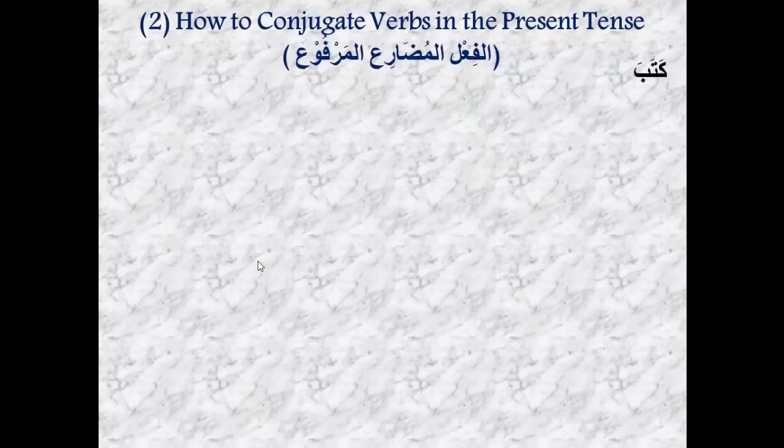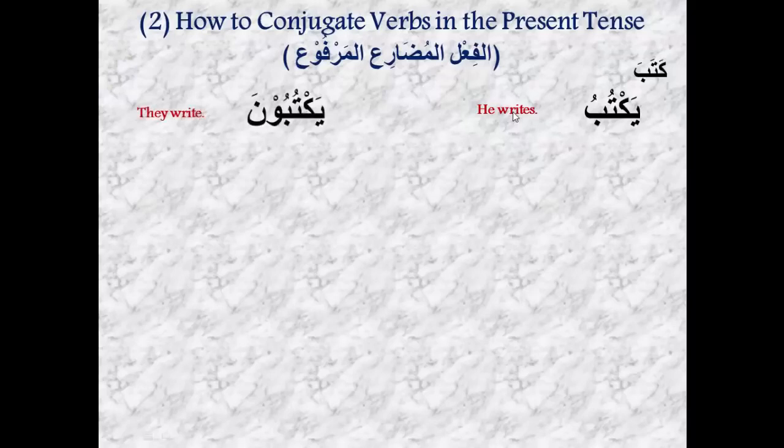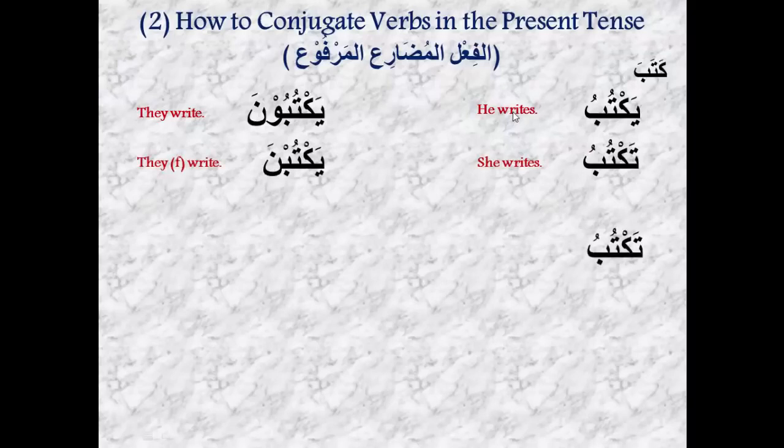Example number 2. Kataba, which means he wrote. In the present tense, it becomes yaktubu. Again, note the change in the middle vowel from fatha to a dhamma. This must be memorized. Yaktubu, which means he writes. They write. We add the una. Yaktubuna. Taktubu, she writes. Yaktubna, they, feminine, write.